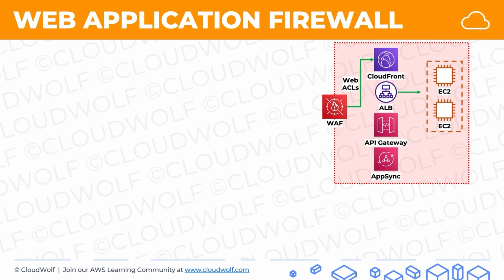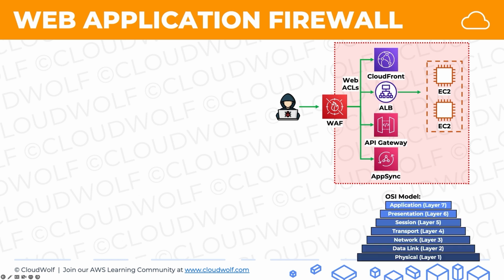So look out for those words in the exam. You can deploy the Web Application Firewall to all of these services using web ACLs. And now when an attacker wants to attack your account, they will first be faced with the protection from the Web Application Firewall, which is designed to catch their attack. So that's how it is used.